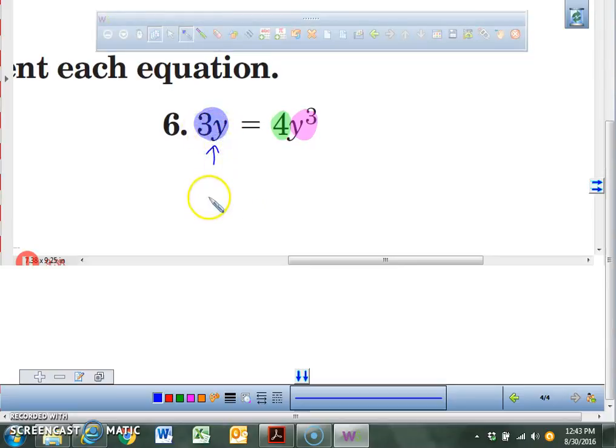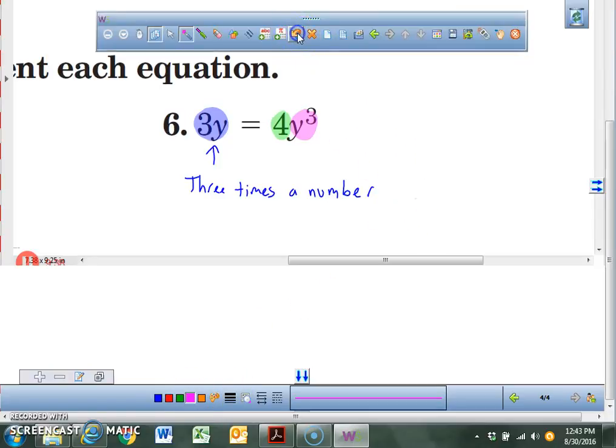So, okay. 3 times a number. Very good. So we're going to write 3 times a number. Let's see here, I'll do it in orange here. This right here, there's your equals, right? All right, equals.